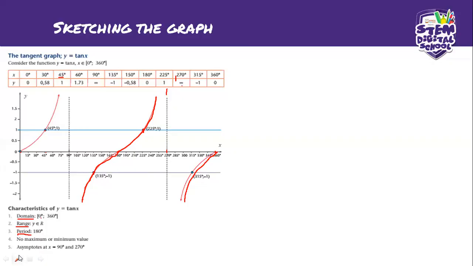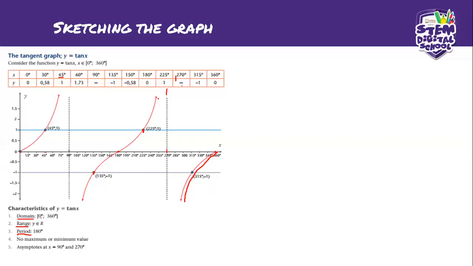Then that's where it's going to give us the period of the tangent graph. Now in this case, the period is 180. You can see here at the 180, it's giving us the full wave at 180, right? I hope you do understand.